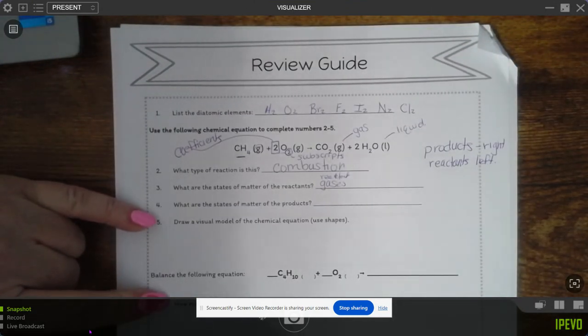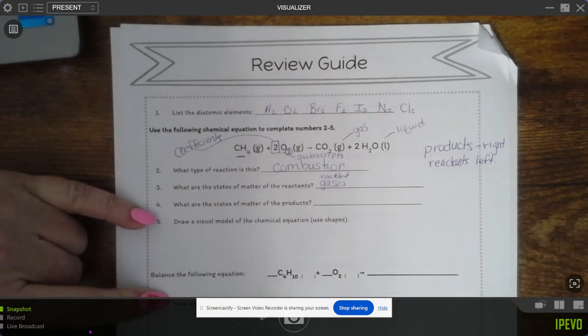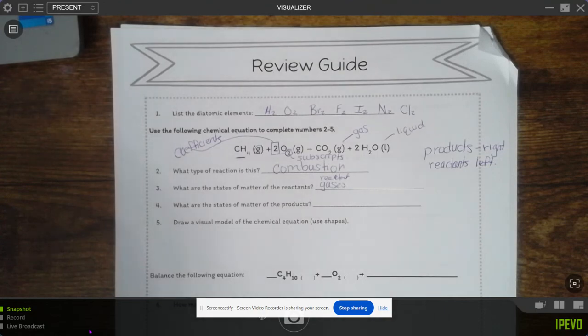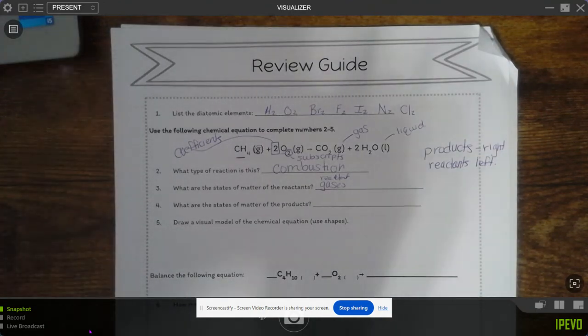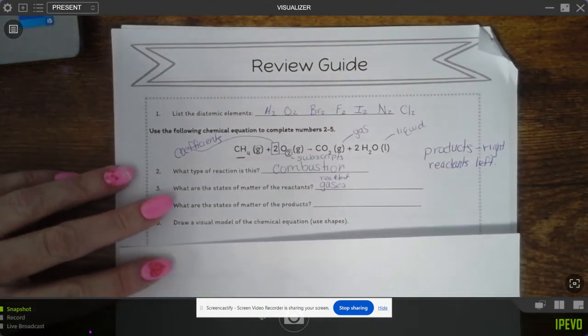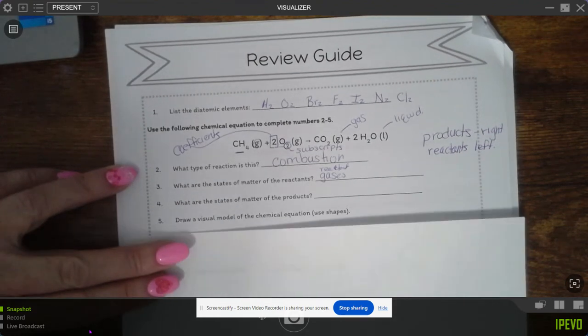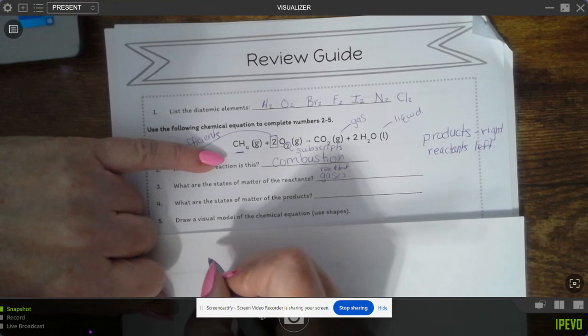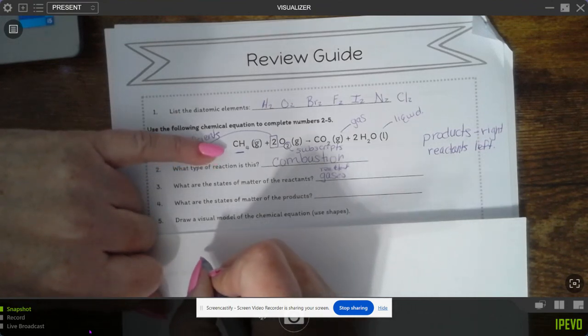A visual model. By a visual model, what we mean is you could draw shapes, or you could draw letters. Let me show you two things that would be acceptable. Let's say we've got carbon, hydrogen, and oxygen.